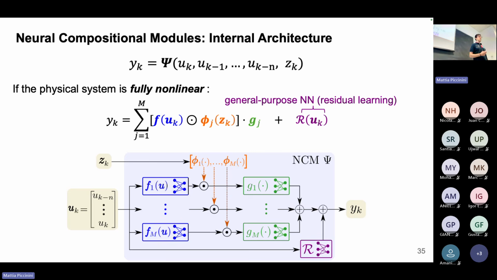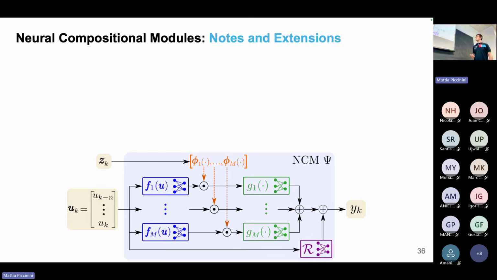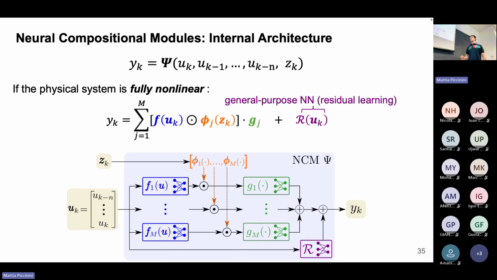And so we would like to propose this structure here as the structure of our neural compositional modules psi, which we mentioned at the beginning. In general, they combine a past window, a past history of inputs, and scheduling variables to compute the output.